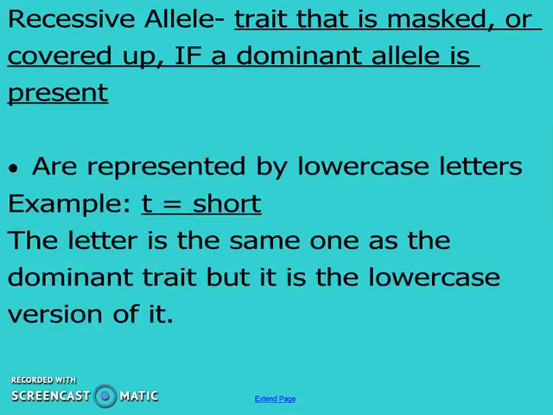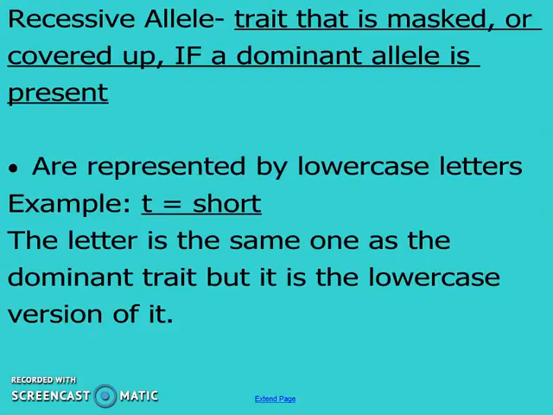On the other hand, a recessive allele is the trait that's masked or covered up if that dominant allele is present. So the only time that you see the recessive alleles show up is if you have 2 recessive alleles for that trait. And recessive alleles are represented by lowercase letters. For example, lowercase t equals short. So the letter is the same one as the dominant trait, but it's the lowercase version of it.